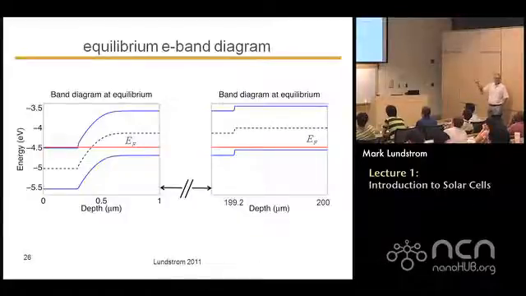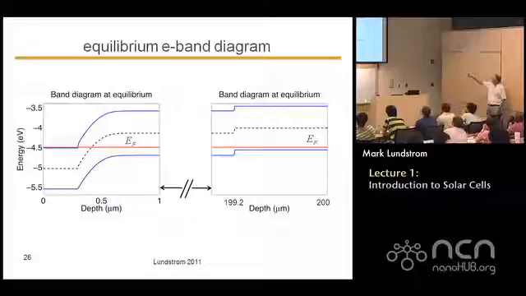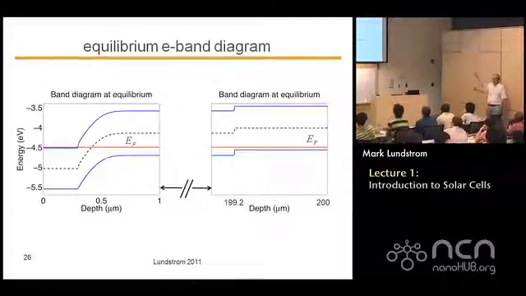Now, if I go way back to the end, remember there was this heavily doped P-type region at the end. The whole structure is 200 microns thick. If I go back in the final 1 micron, or 0.8 of a micron, you can see that when the valence band gets closer to the Fermi level, it means that I have more holes. So you can see the heavily doped region right at the back, and then a little bit more lightly doped there.